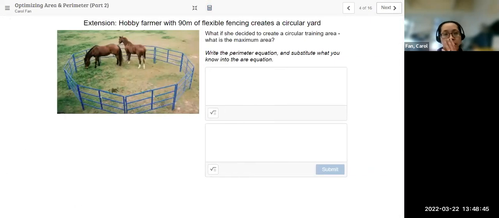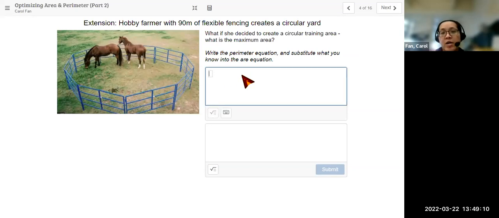Now, let's extend it. Let's say that this farmer wants to have 90 meters of flexible fencing, but she's going to create a circular yard instead of a rectangular one. So because we're looking at this shape, we're going to use our equations for a circle now.